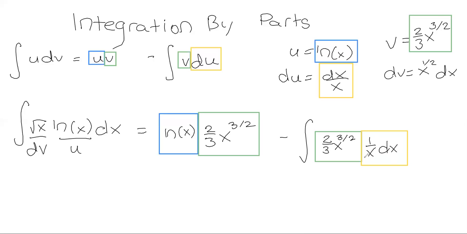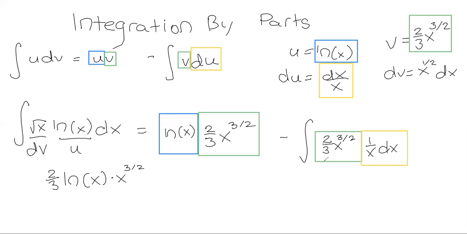It just makes it a little bit easier to simplify and to integrate, having it as two distinct terms instead of a fraction. All right, so what we have now is natural log of x. I want to move the 2/3 out front. I'm kind of picky about the way my things look. I like to move the numbers out to the front. So we have 2/3 natural log of x, and then we have x to the 3/2. And I typically even like to put the x in front of the natural log of x, but it's not all that important. So we have that as our first term, and then we have minus this integral.